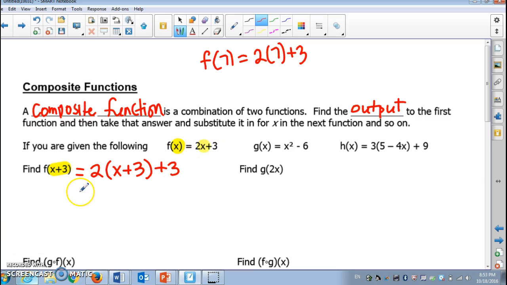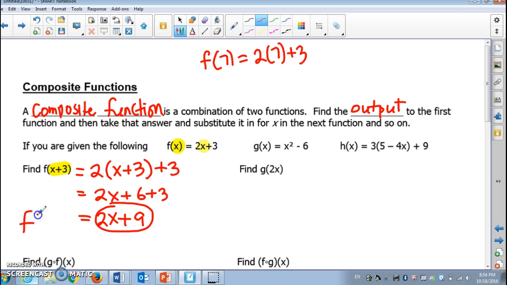Now we need to simplify. So you distribute, then simplify. So f of x plus 3 is 2x plus 9. Easy? Okay, then let's try the next one.